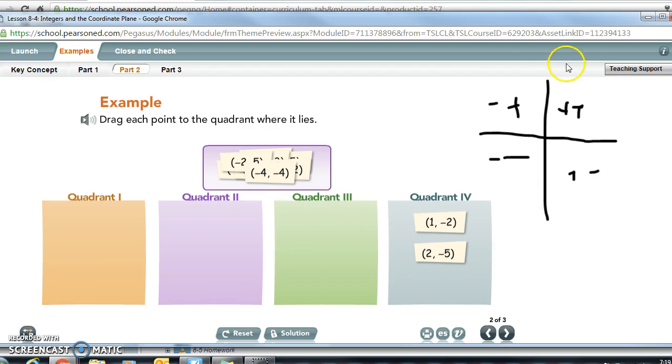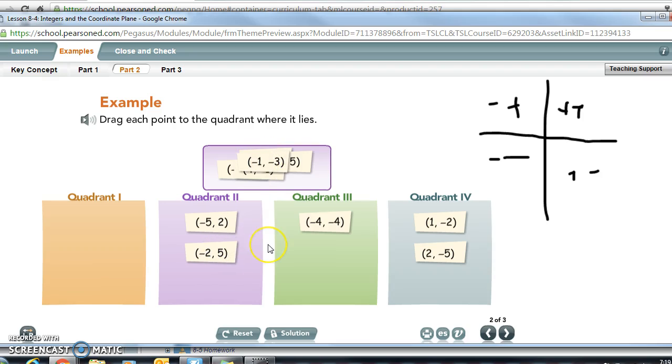Two negatives. So when I look on here, I have positive, positive, and the opposite of that is negative, negative. So that must go in quadrant 3. This one, a negative and a positive. This is quadrant 1, quadrant 2, 3, 4. So it must go in quadrant 2. A negative and a positive again, quadrant 2. Negative, negative, quadrant 3.